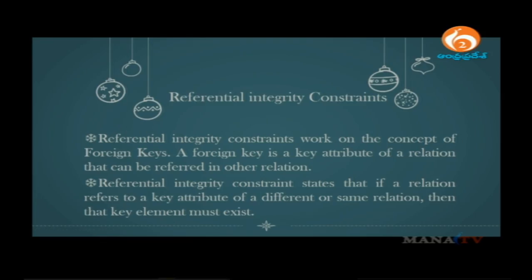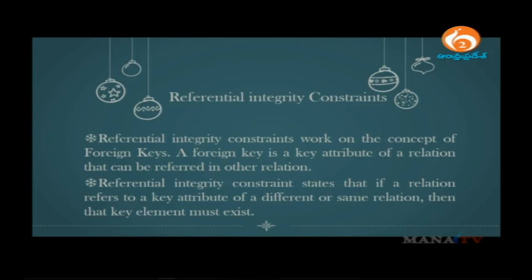Now let me show you the slide once again, so that we can finish off all these integrities. Referential integrity constraints work on the concept of foreign keys, where a foreign key is a key attribute of a relation that can be referred to in another relation.